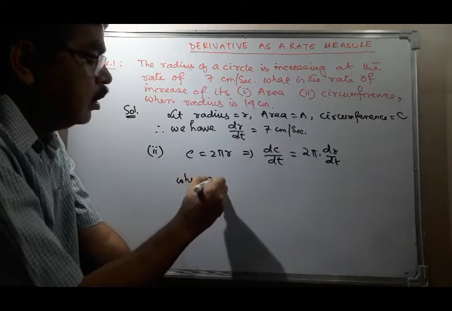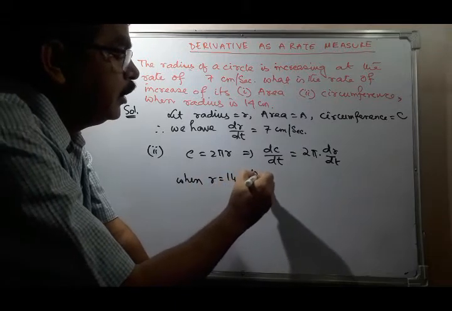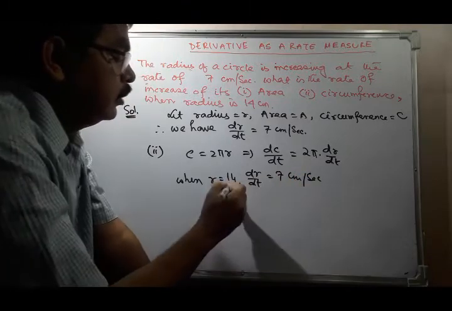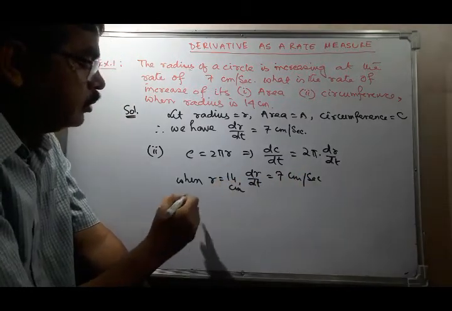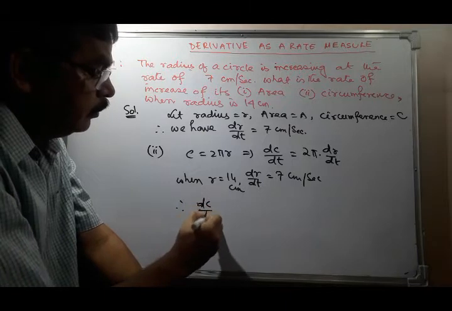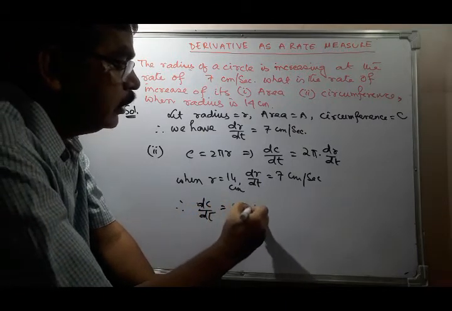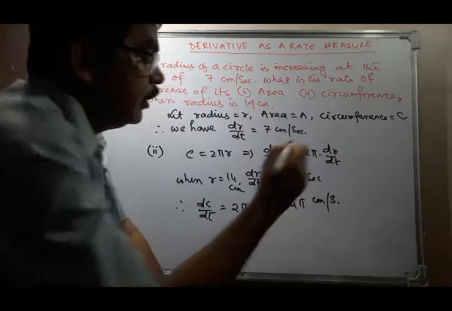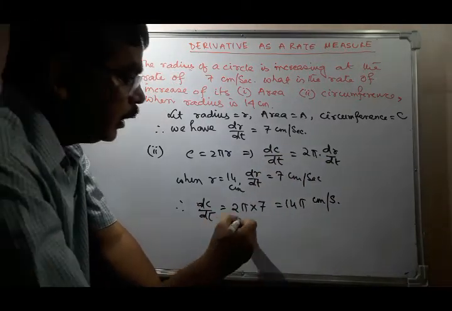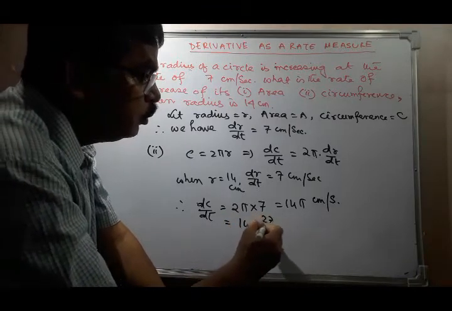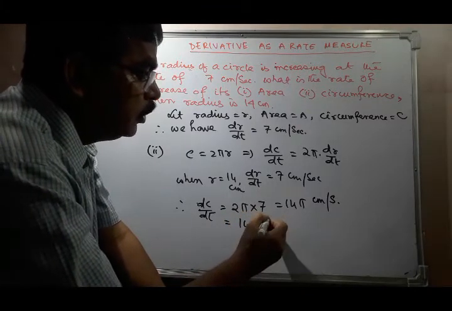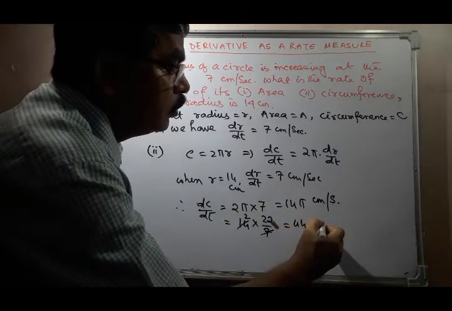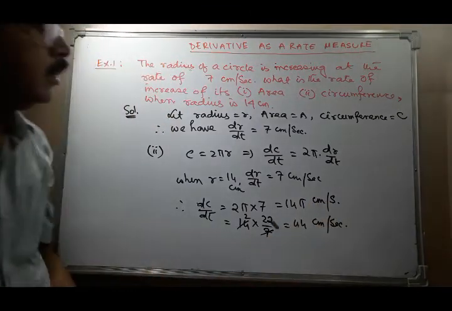When r equal to 14, dr by dt equal to 7 centimeter per second, then dC by dt equal to 2 pi into 7, that is 14 pi centimeter per second. Further, if you replace the value of pi, 14 into 22 by 7, so that is 44 centimeter per second.